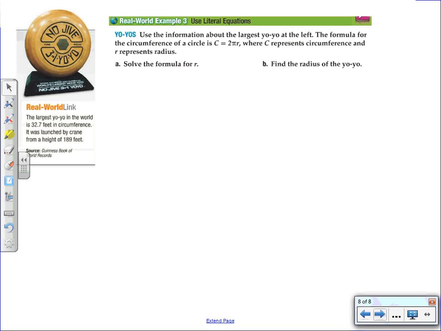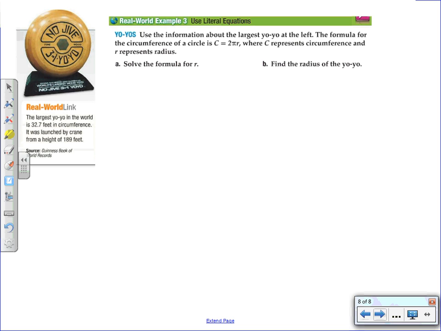So the formula for the circumference of a circle is c equals 2 pi r, where c is the circumference and r is the radius. So what are we supposed to find out? We're going to find the radius of the yo-yo.